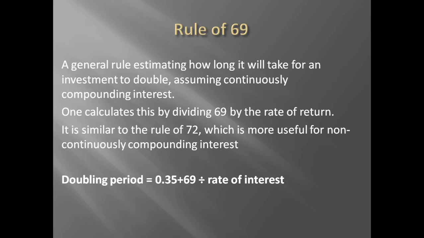One can calculate this by dividing 69 by the rate of return, and it is similar to the rule of 72, which is more useful for non-continuously compounding interest. So, under rule of 69, doubling period is equal to 0.35 plus 69 divided by rate of interest.